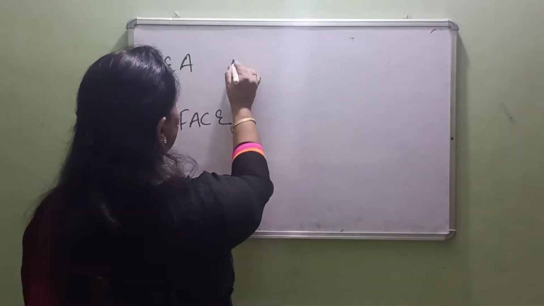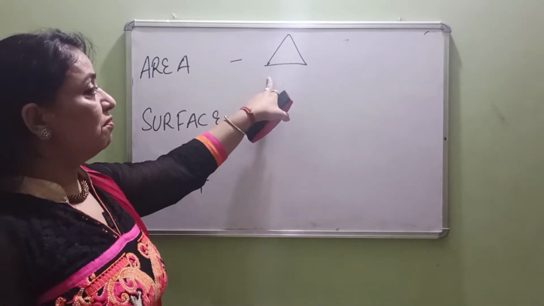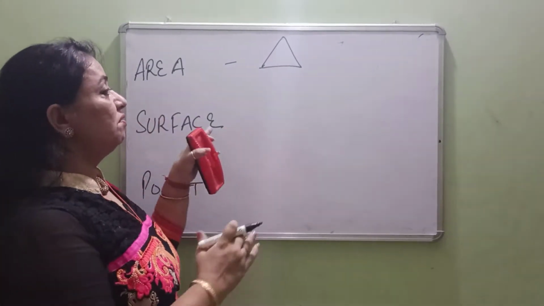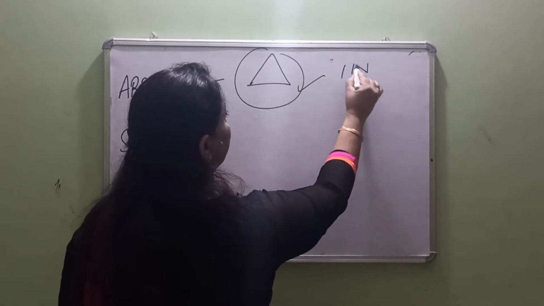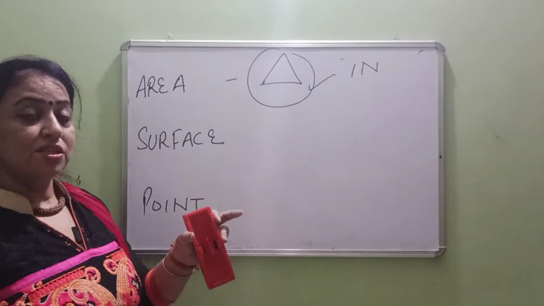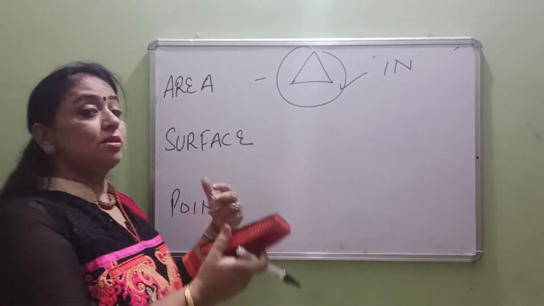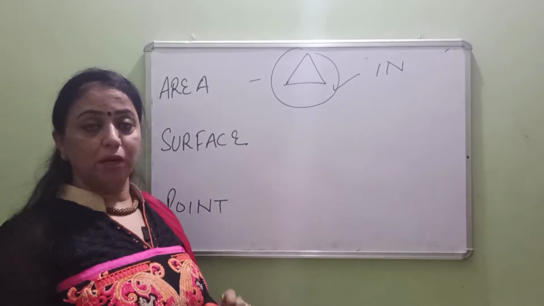Now just like area, if I talk about the area of something, that is a confined periphery of something. When we are talking about a thing which has a particular periphery, here we are going to write in. Just like I say that I am in the school, so I am in the periphery of the school, that is a confined periphery.